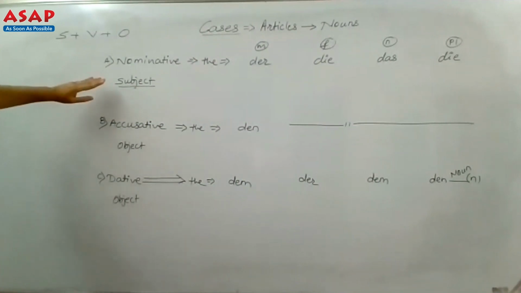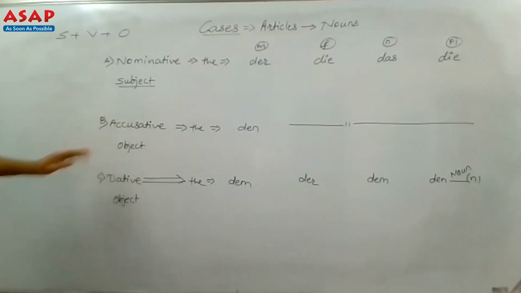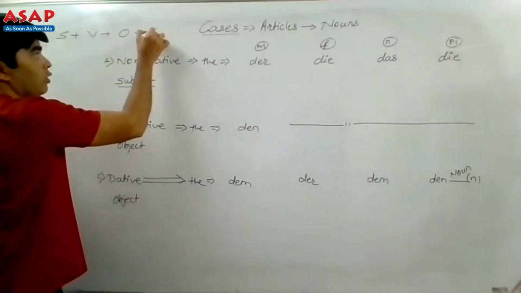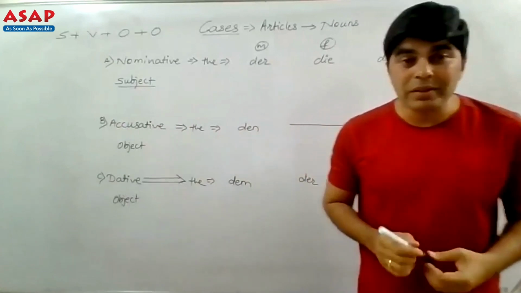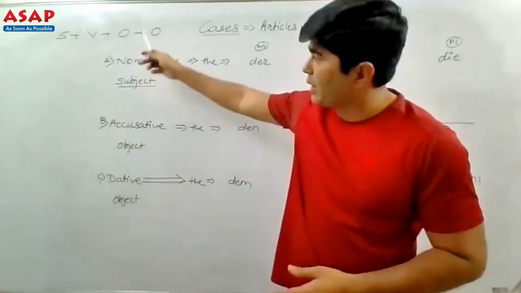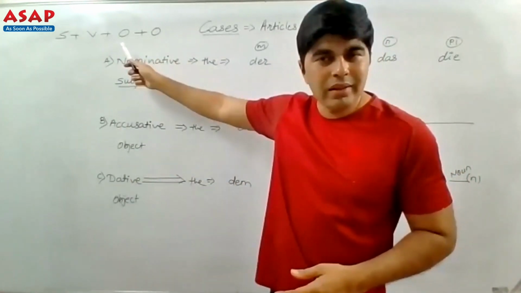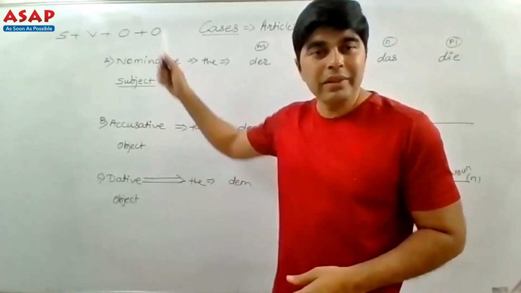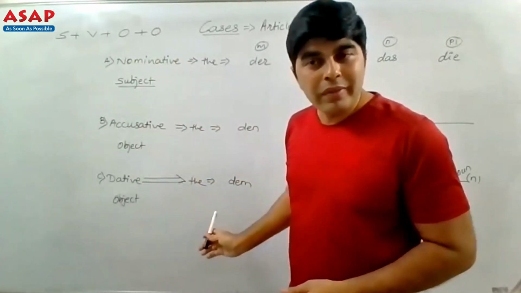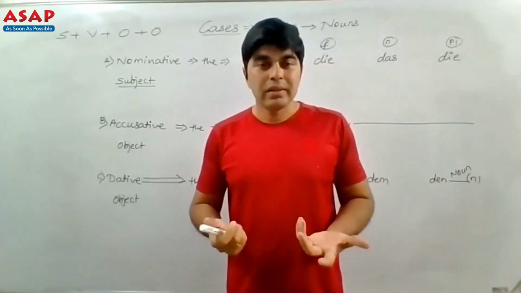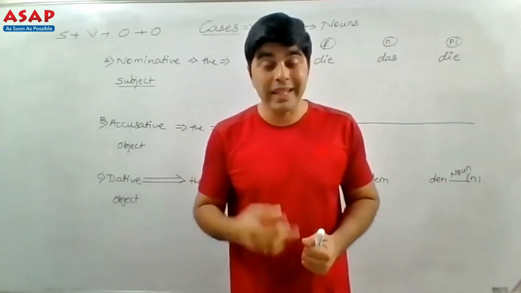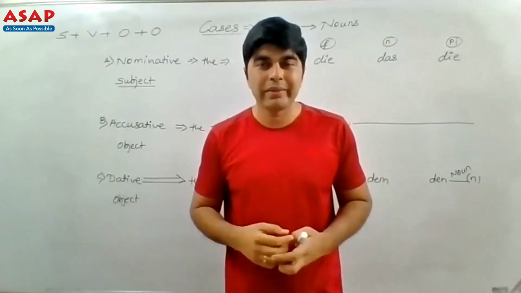So you understood that in one sentence there can be nominative, accusative, and dative, which means we need a subject and two objects. Let's say we added one more object. Now tell me, which object will take accusative and which will take dative? One will take accusative and the second will take dative. Someone may say that in one sentence there can be two datives or two accusatives.